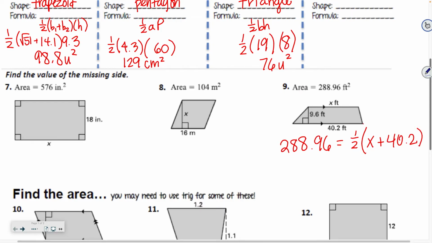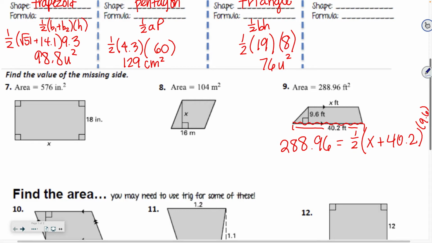On this one, 40.2 is the whole length. On the test, I mark it for you. So, if it's the whole thing, I put it like this, so you can tell everything. So it's 1/2 base 1 plus base 2 times what? Height. And in this case, the height is 9.6. I'm just going to add that over to the side.